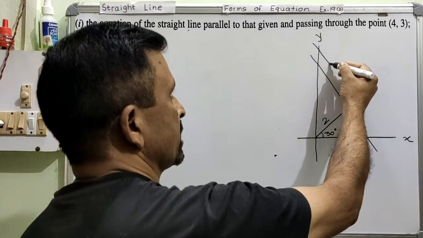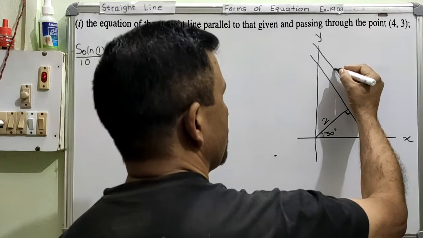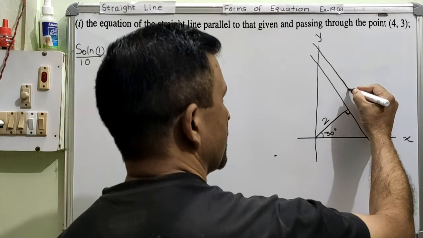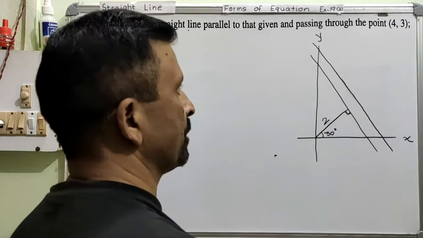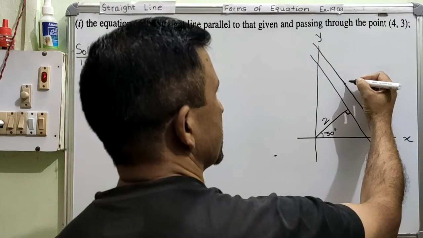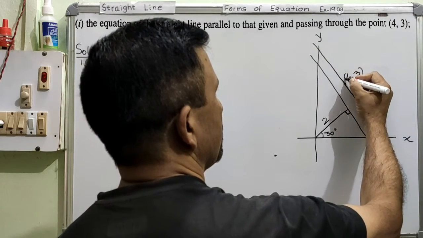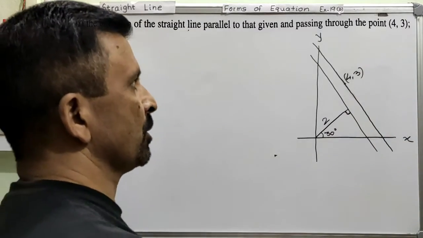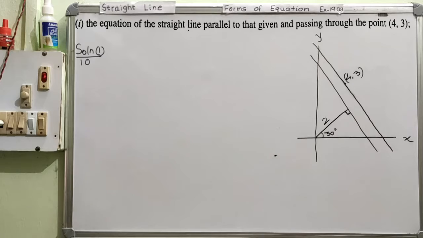This is a line which is parallel to the given line, and it passes through a point, say that point is here, 4, 3.